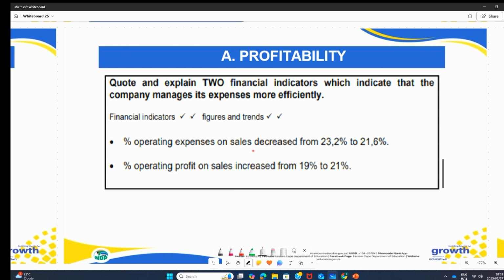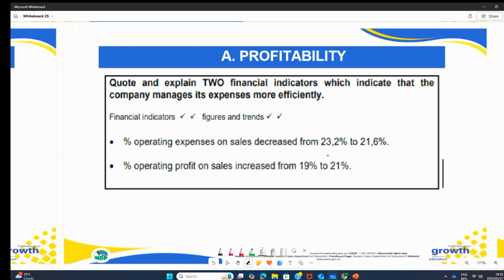What is it this year? So if we look at our answer, it says it has decreased from 23.2 to 21.6%. The same with the next financial indicator. That's how you answer such a question.